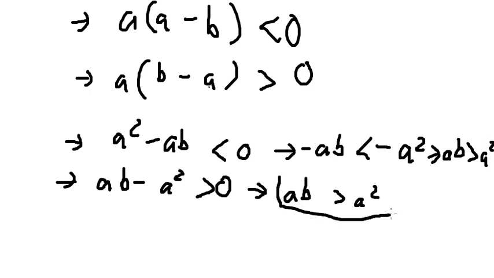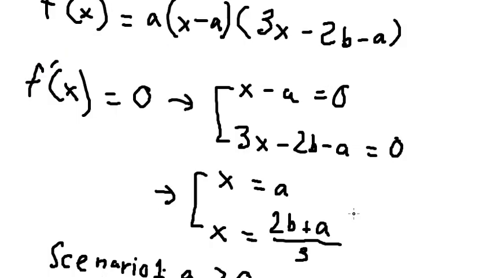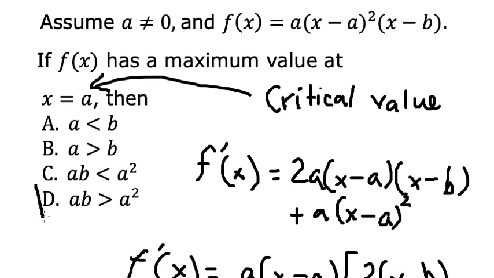So after we find the answer, we see that they are the same. So ab is greater than a square. And this is option D. This is the end. Thank you for watching.